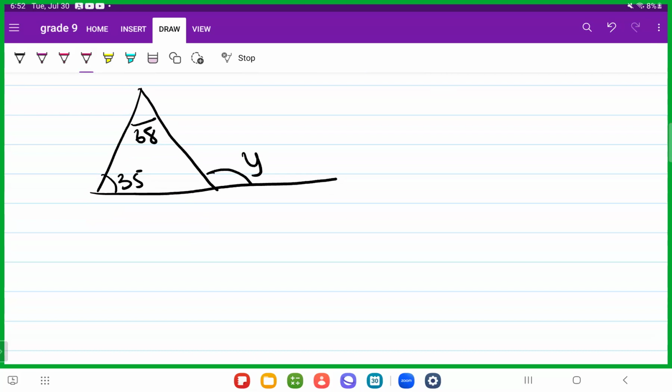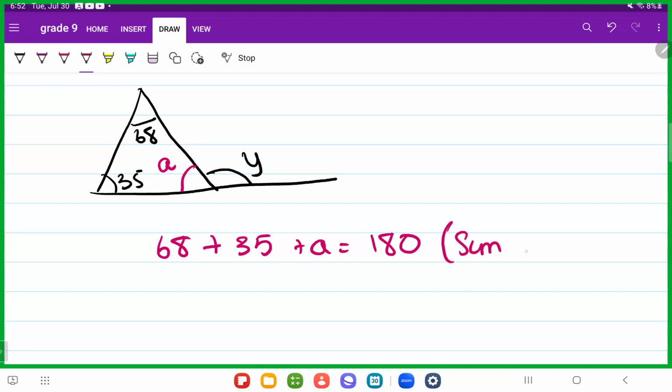So this is not how you do it. You will write down, for example, I will simply mark this as A. I will write down 68 plus 35 plus A is equal to 180, and I will write down sum of angles in a triangle.